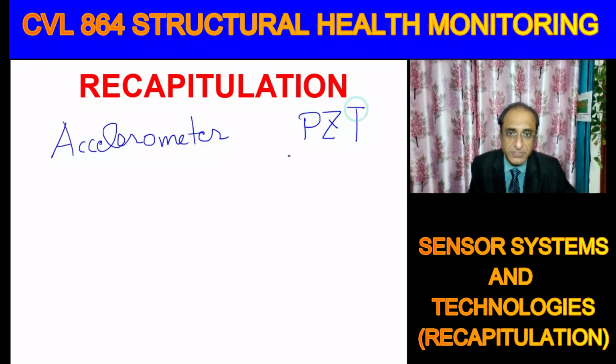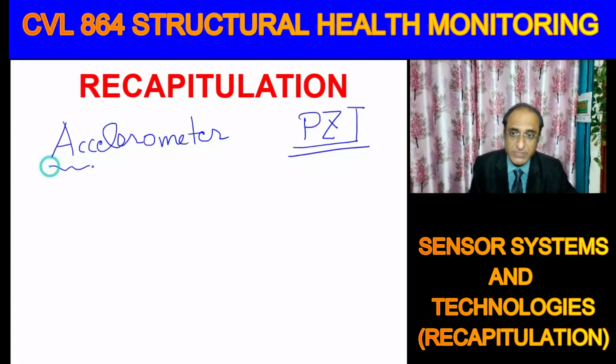Piezo is a general term. And what is PZT? PZT is a special commercial name. There are over 200 types of piezos and PZT is one of them. Do you recall what PZT stands for? Lead zirconate titanate. P is taken from lead and ZT from zirconate titanate.